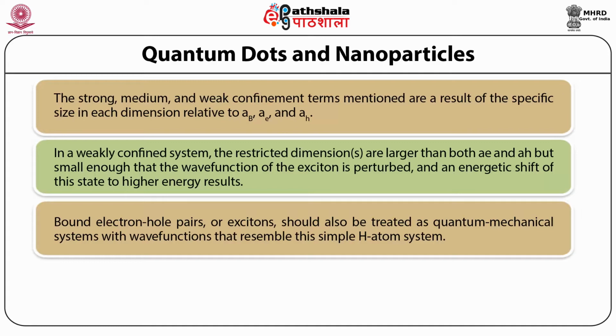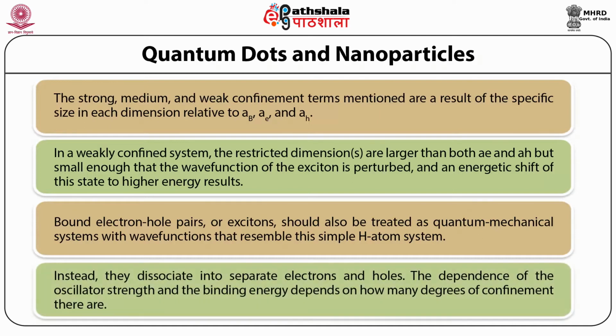The photo-generated electron-hole interactions are weak in bulk semiconductors and the binding energies are sufficiently small that the electron-hole pairs are not bound at room temperature. Instead, they dissociate into separate electrons and holes.